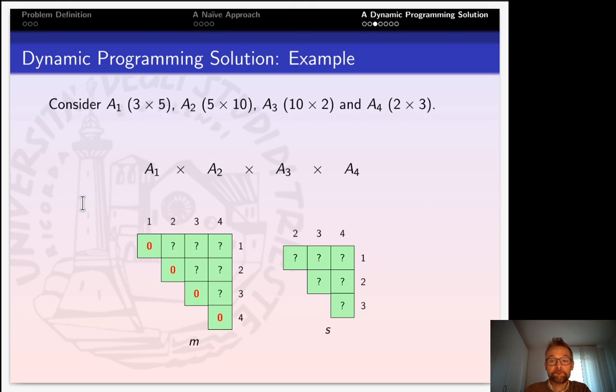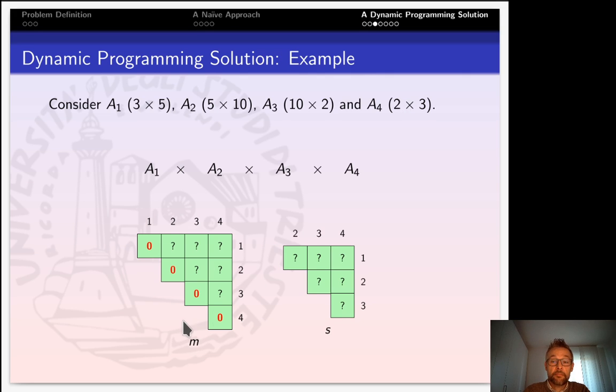Let's see what's going on. Consider an example just to figure out how all this stuff works. Let's assume we want to multiply A1, A2, A3, and A4, and their sizes are the ones you can see on the slide.